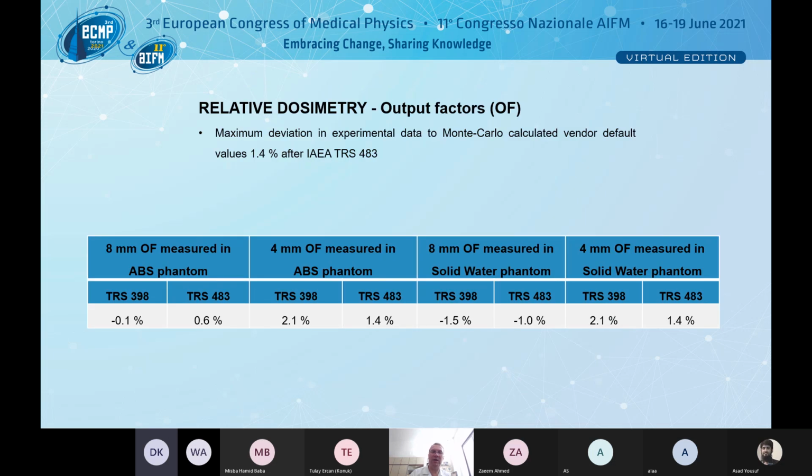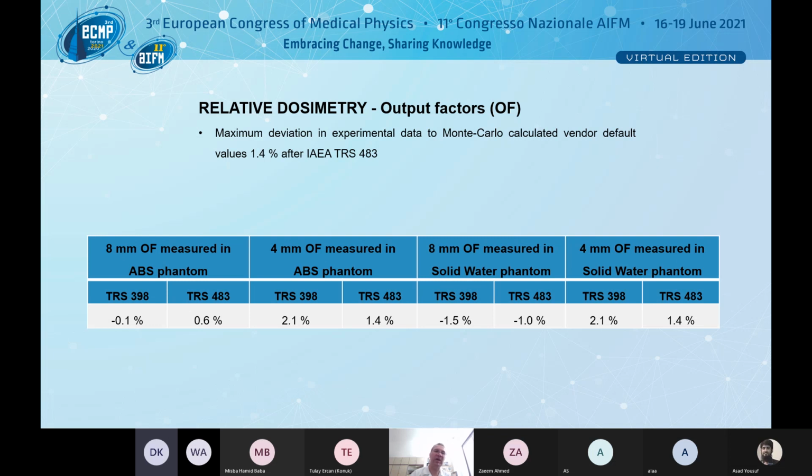Significant error can be done if you do output factor measurement and use the wrong detector. Here I also did a little exercise. For 8 and 4, I did measurement in ABS and also used both the non-corrected for small field and corrected, and the same in solid water.